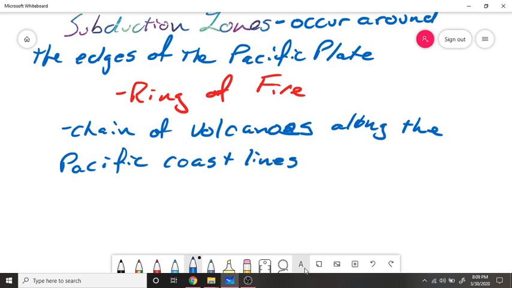And that is of North America, South America, and all along Asia, all of the little Pacific islands.